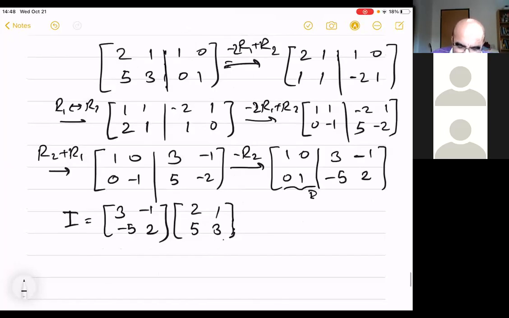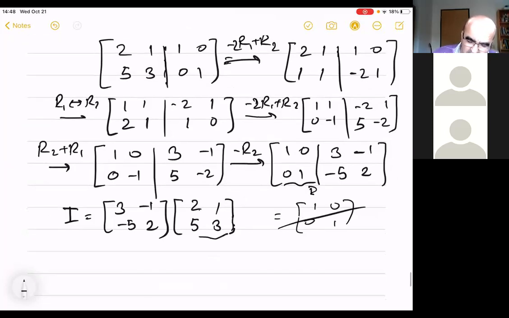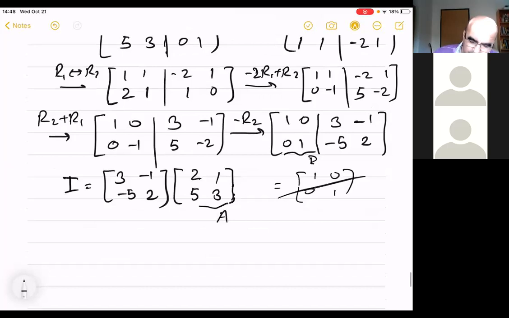Let's multiply: 3 times 2 plus -5 is 1 and 0. So this is really 1, 0 and 0, 1, the identity matrix. This is the matrix A, and this is the matrix E, so that E times A is the identity matrix.